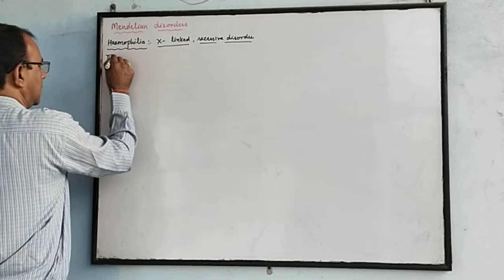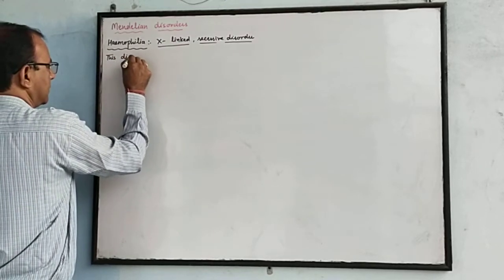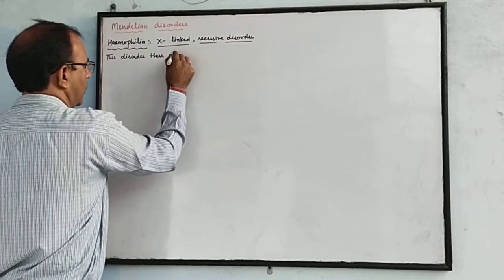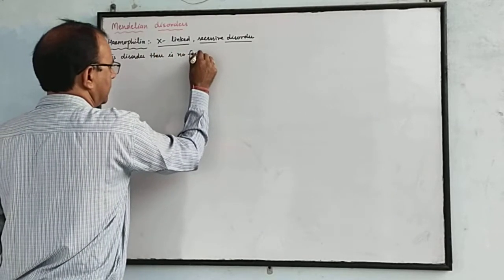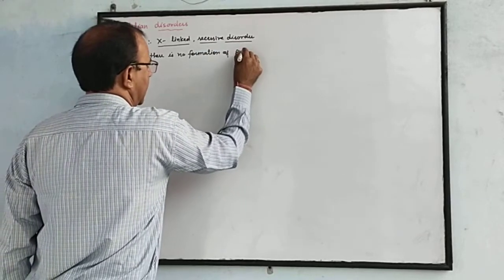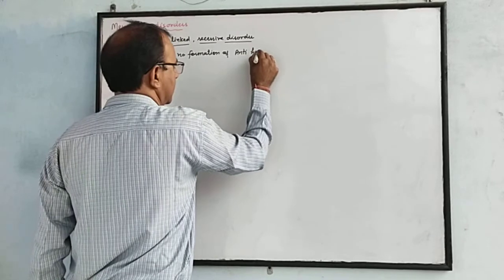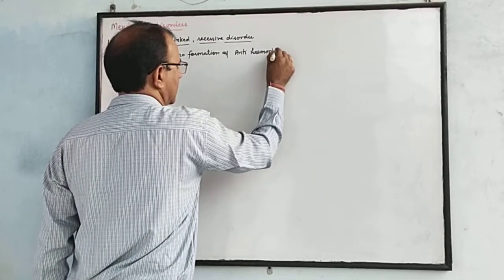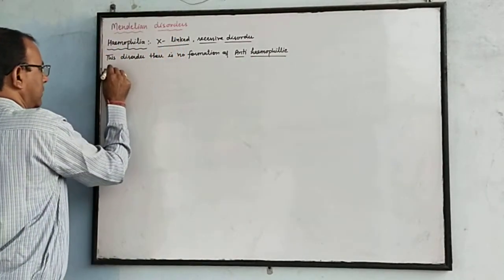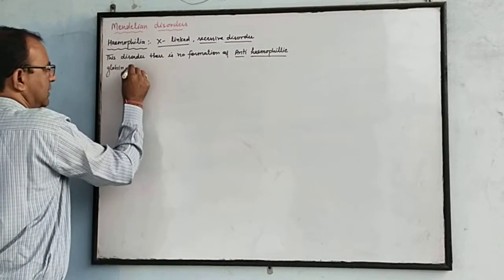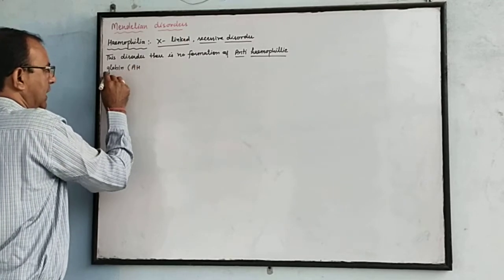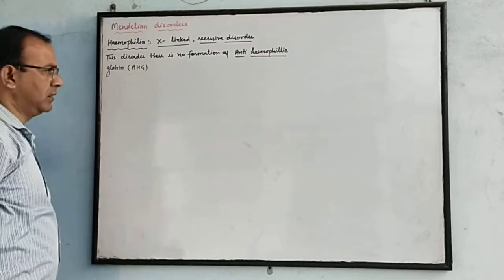In this disorder, there is no formation of anti-hemophilic globin. A stands for anti, H for hemophilic, and G for globin.